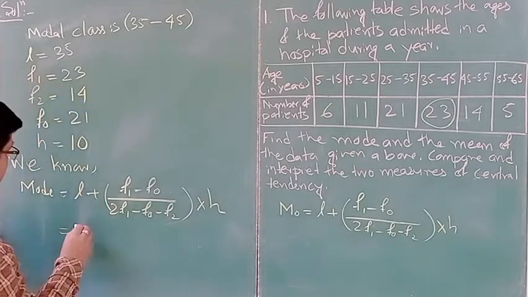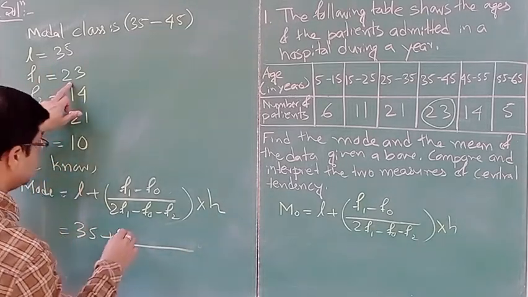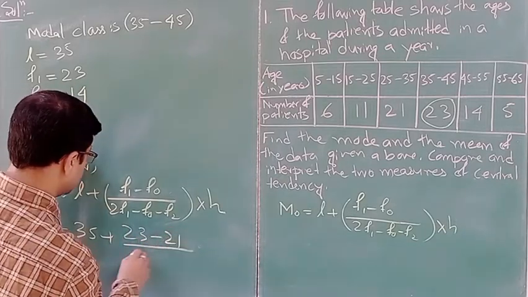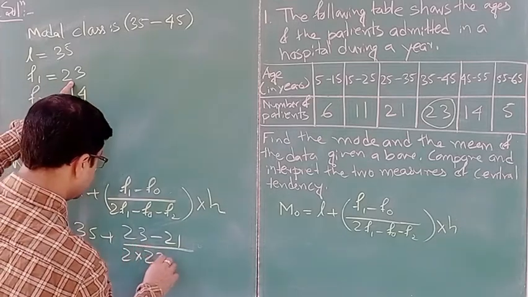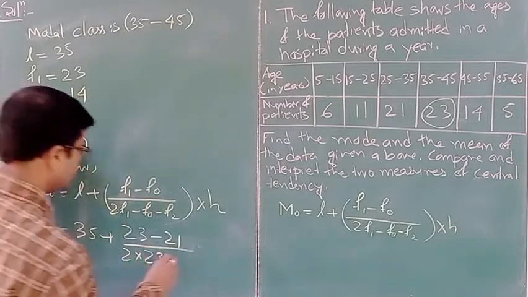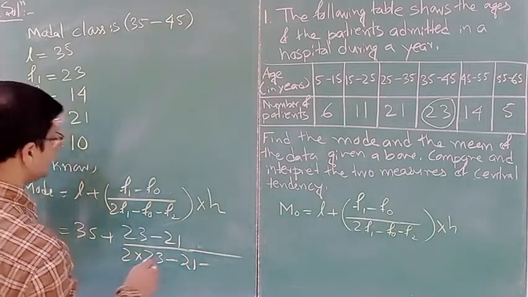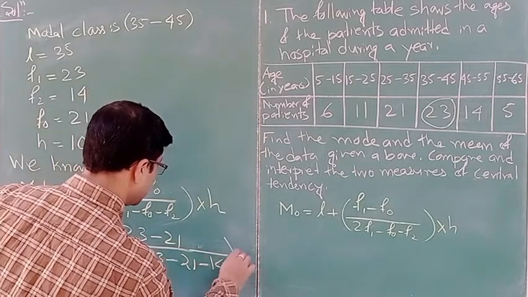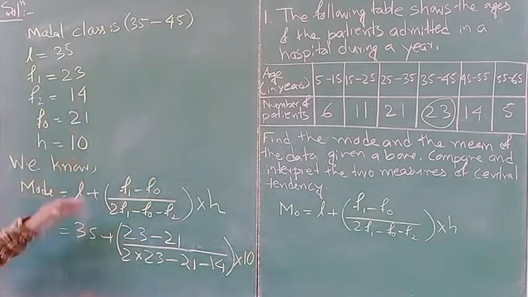L equals 35, F1 is 23 minus F0 21, twice F1 is 23 minus F0 21 minus F2 is 14, this is under the bracket, into H. H is 10. Okay, now let us do the calculation here.